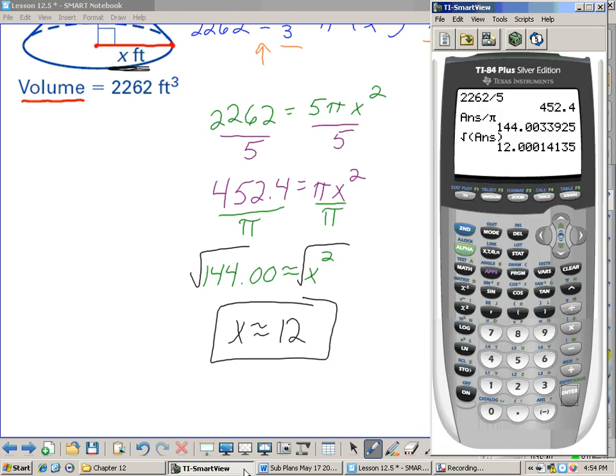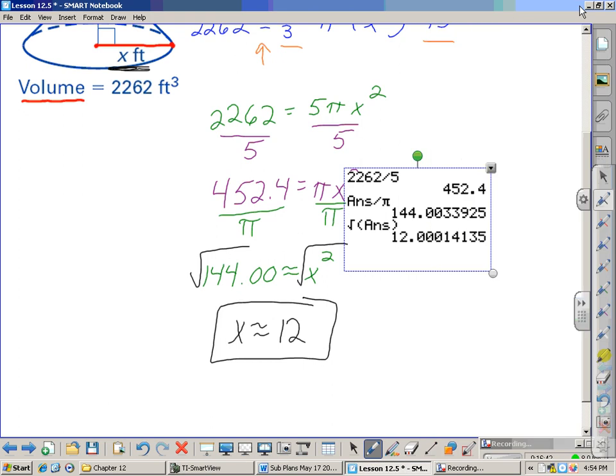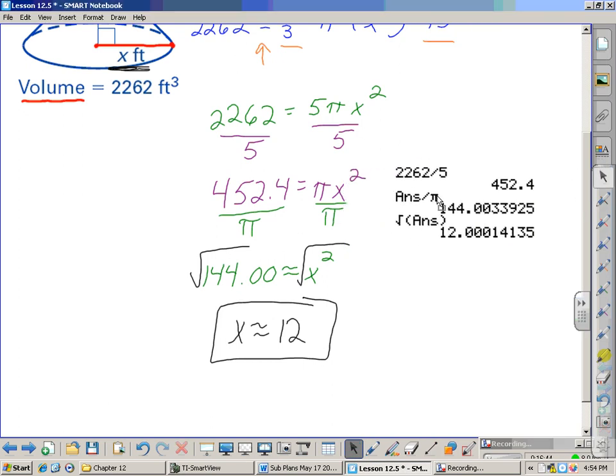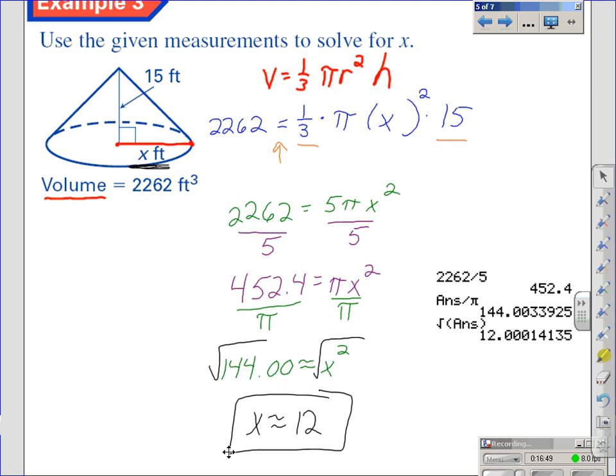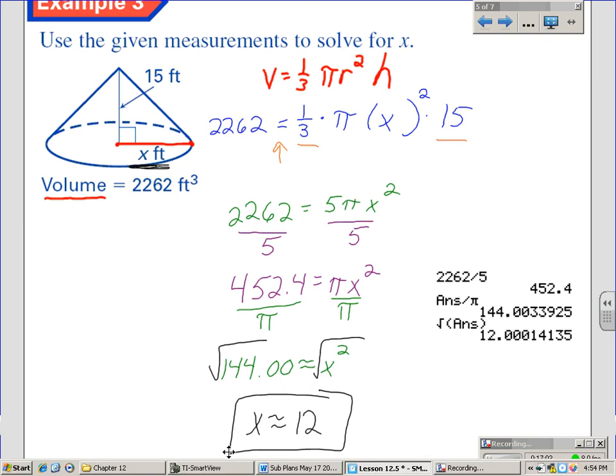Last thing I'm going to do, just for the notes purpose, especially since I'm not here, is just scroll this calculator work and put it on this page so you can see all that. Go full page here for a second. Let's take this off, hide it a little bit. And so that's how you get that answer. So the x is approximately 12. It's still not exactly 12 from the information given because they said the volume was exactly 2,262 feet, but still pretty close.